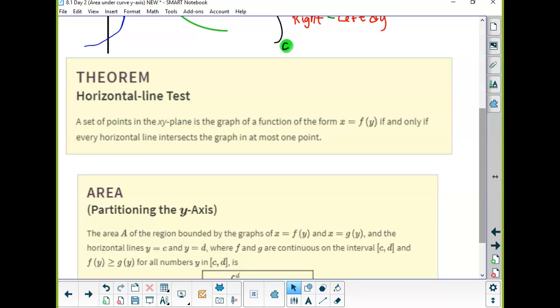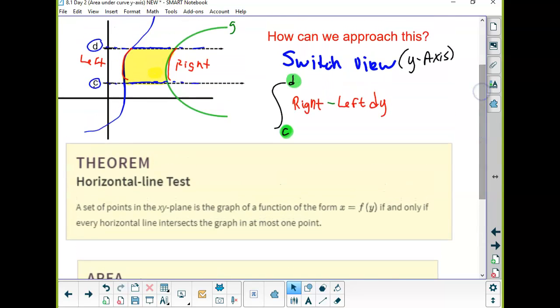Well, if you have a set of points in the xy plane, and the graph of the function is of the form x equals f of y, so they basically switched the x and y, they solved for x here, then this is true if and only if every horizontal line intersects the graph at most at one point. So see how this horizontal line intersects this graph at one point, and this graph at one point, which means we can use this option to find the area under the curve. That's all theory. You're going to be able to tell visually that it works.